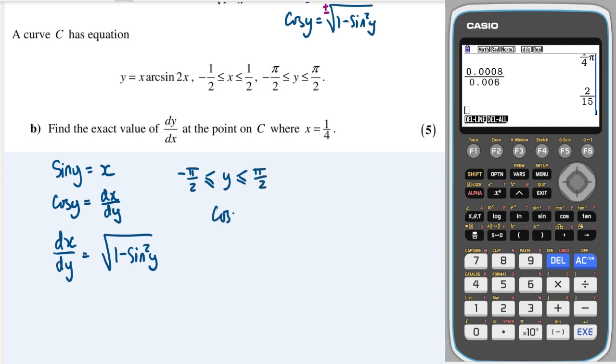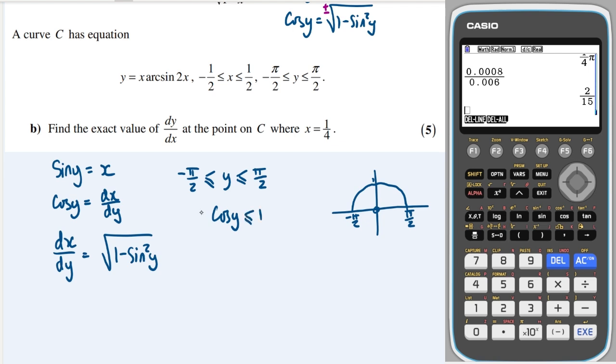So we can work out how cos y acts between those bounds. So we have pi over 2 here, and we have minus pi over 2 here, and cos is going to look like this. So therefore it's between 0 and 1.